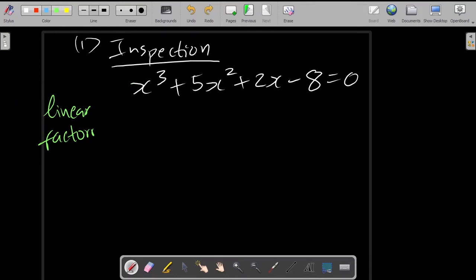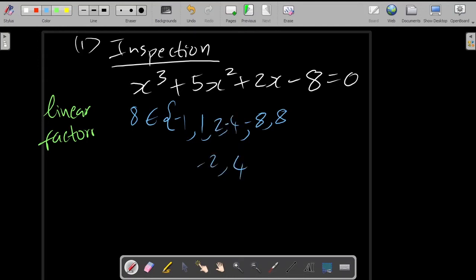So this is the first step. You look at your constant in the equation and you try the factors of this constant. So if we were to talk about the factors of this 8, and don't forget to include your negative numbers as well, you basically have stuff like that and a bunch of other things I've left out, -2 and that, for example.